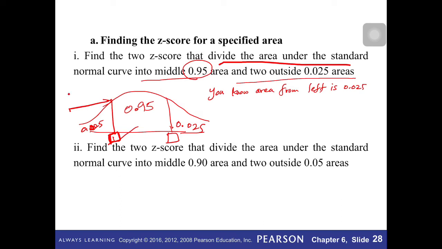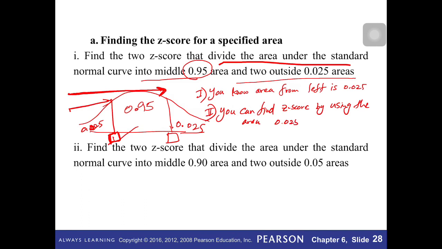The first one is what I just showed. Second, you can find the z-score by using the area 0.025 plus 0.95, which means 0.975.